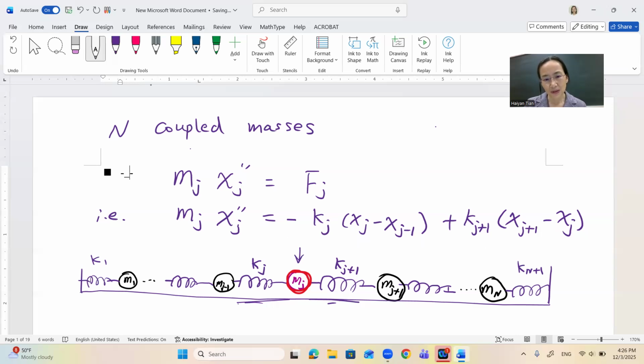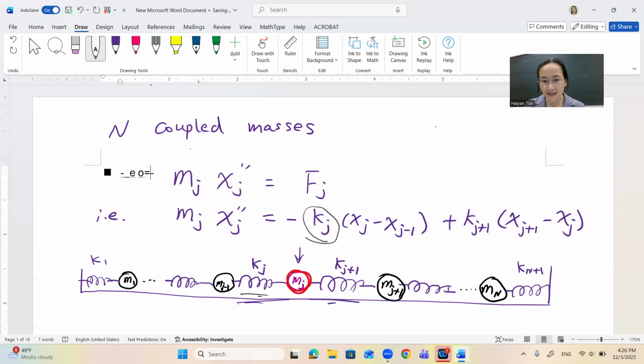The force also depends on how much the spring is compressed or stretched. As we know, it is proportional to the spring constant, kj, which is determined by the stiffness of the jth spring.